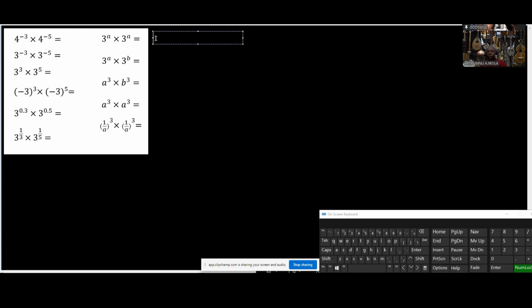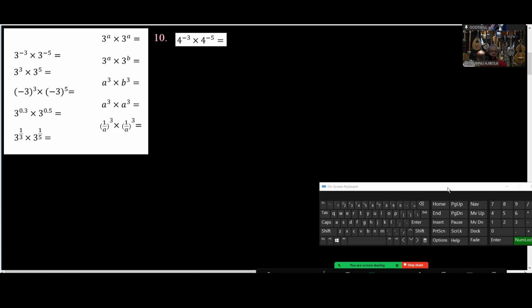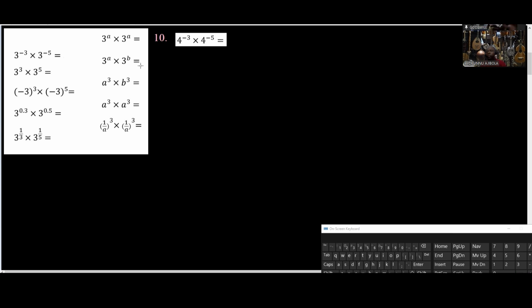So as for this page, the previous one was 9. So let me just call this one 10. For the question 10, we have this. What we have there, they are both 4s.